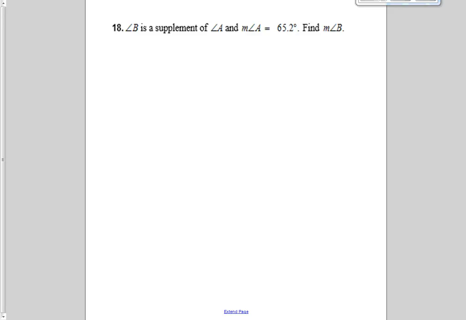Our last little batch, 4 questions, I think. Angle B is a supplement of angle A. What that means is that angle B plus angle A is equal to 180 degrees. They say that angle A is 65.2.